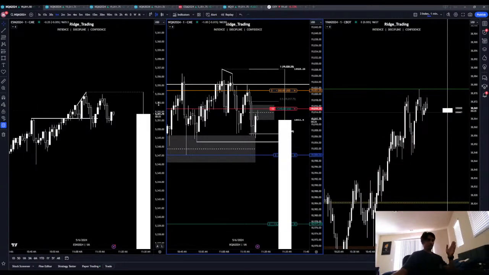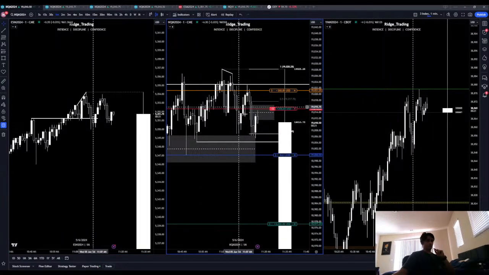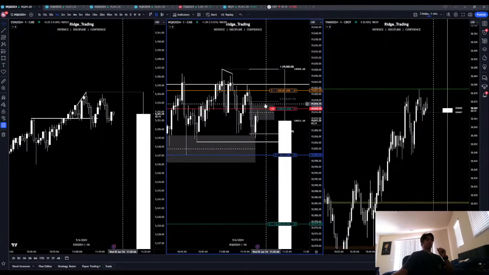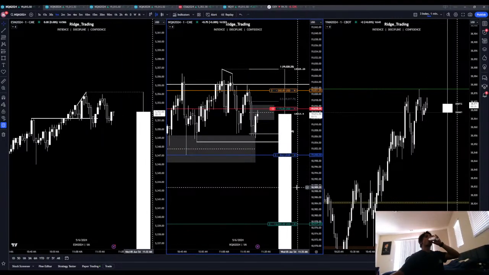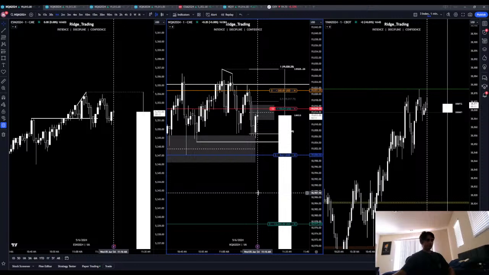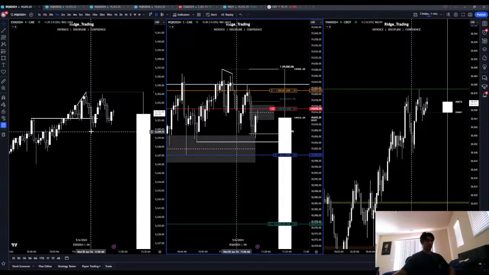But we still have the SMT that didn't break, right? We still have this, and as long as we hold this FVG here, we're okay. But now we also have a bullish SMT here at this bottom.